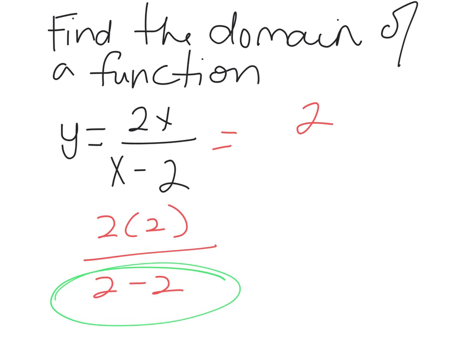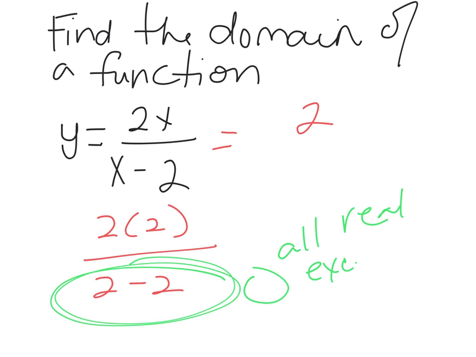Well, right now we see we're going to have a problem because that's going to be 0. So in this case, I would have all real numbers except x equals 2, because we can't have that.